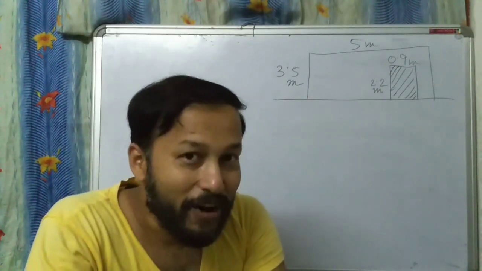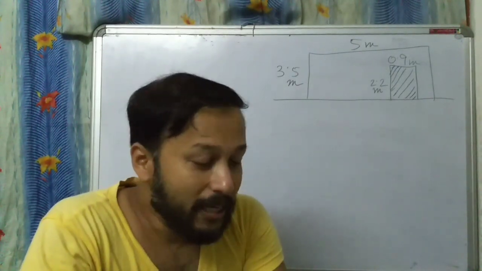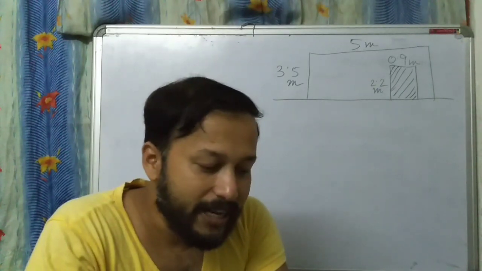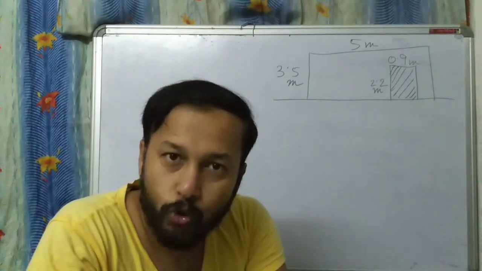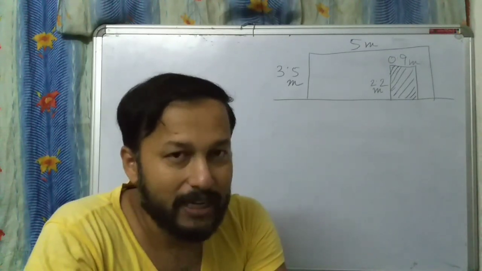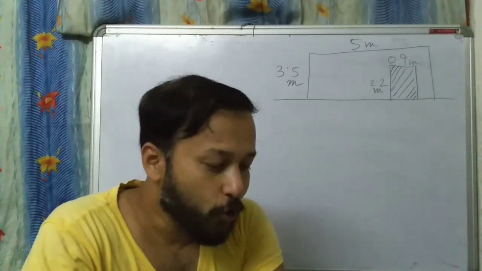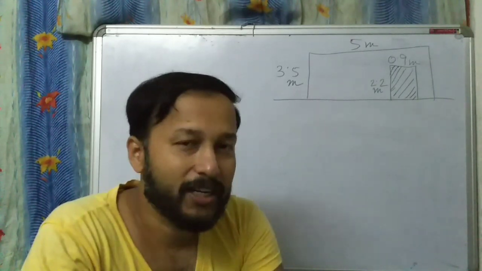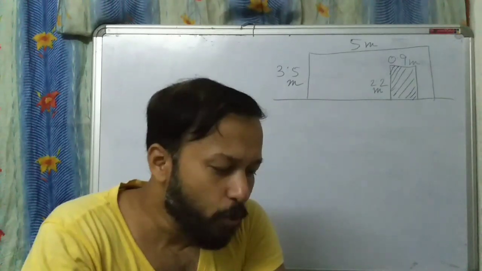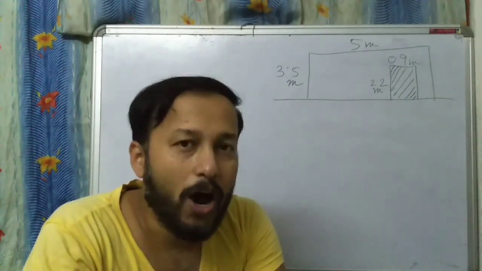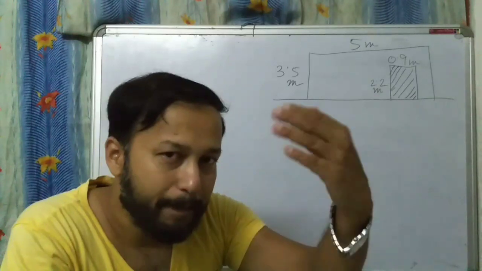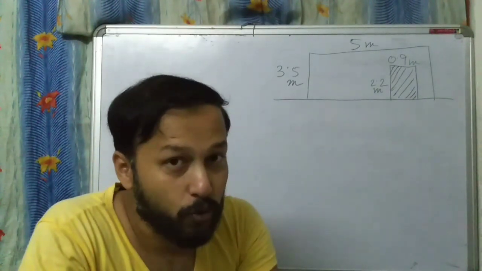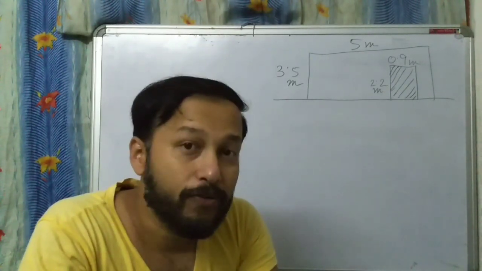When you are paying the money, the painter says that I will take rupees 35 per square meter. That is called rate. So how much money do you have to pay the painter? That is the cost of whitewashing.